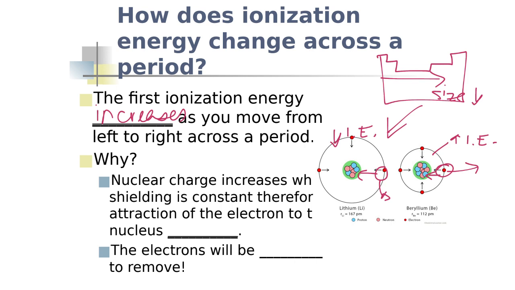Some of my text is cut off here, but nuclear charge is going to increase while shielding is constant, again because the number of energy levels is the same. Therefore, the attraction of the electron to the nucleus increases. And this is significant because if it is increasing, the electrons will be harder to remove.